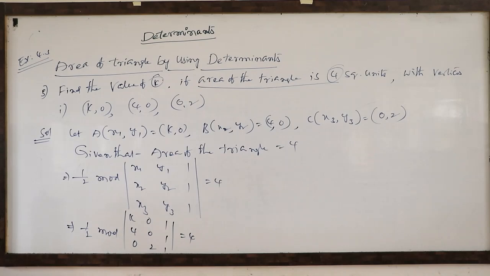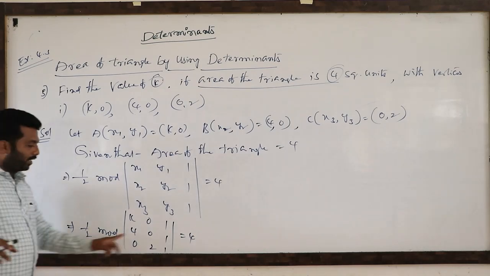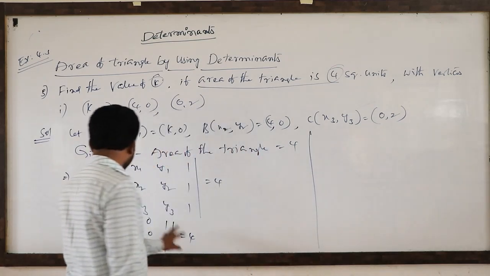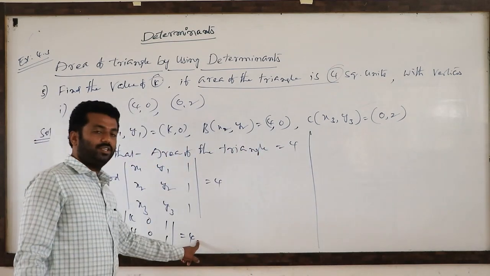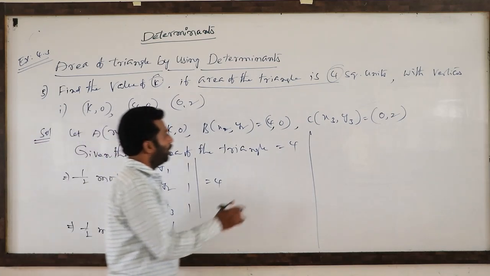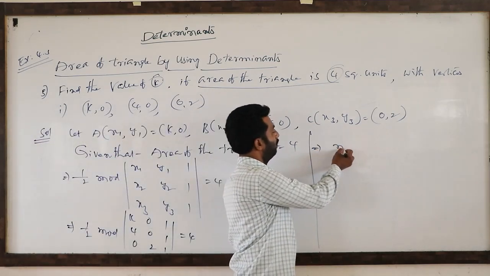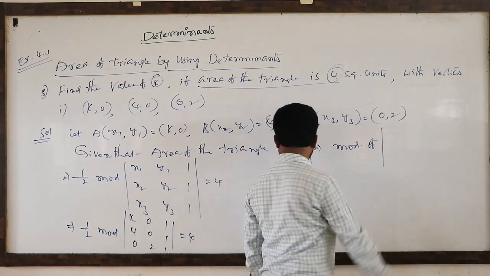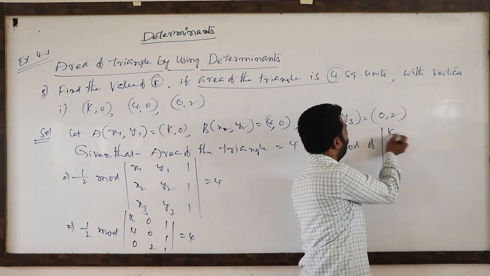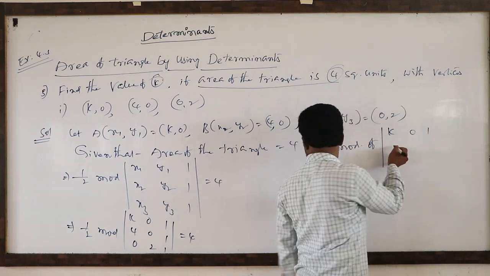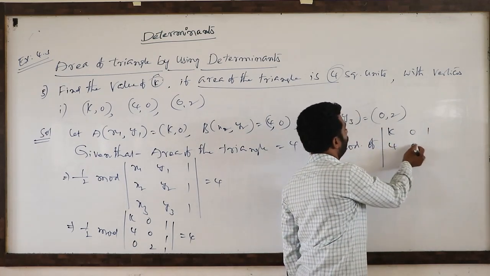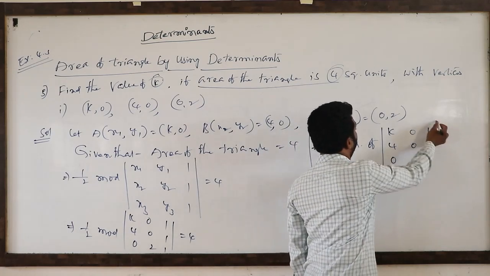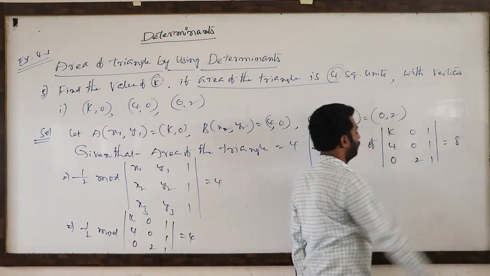Listen. The 1 by 2 you send to this side. What will we get? 8. Because 1 by 2 this side becomes into 2, 8. Modulus of the determinant k 0 1, 4 0 1, 0 2 1 equals 8.